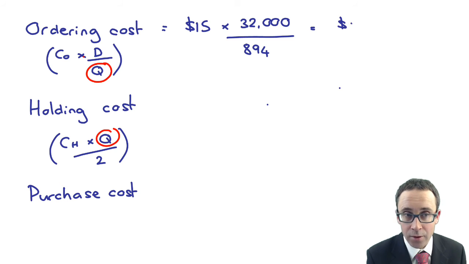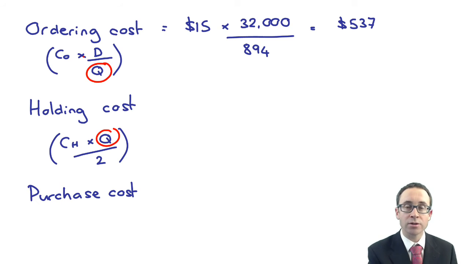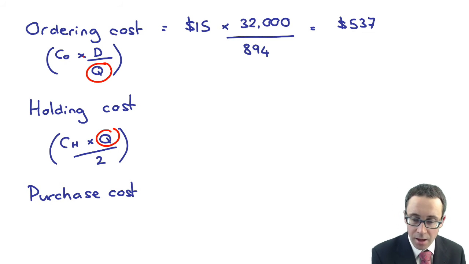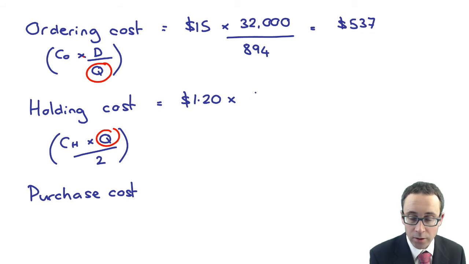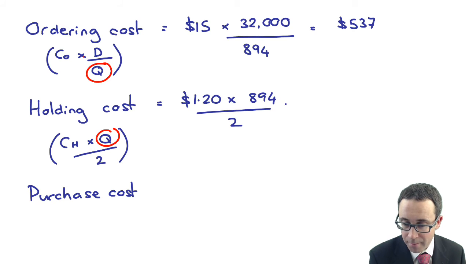If you tap that in on your calculator, I think you get $537? Okay. The holding cost there is $1.20. The quantity we have is the 894, and then we divide that by 2 to keep it as a simple average.